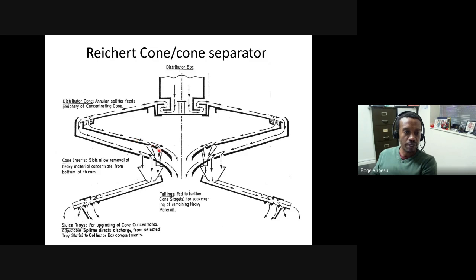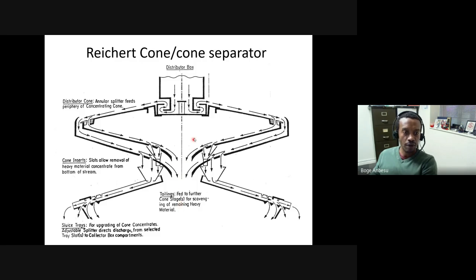So what should happen is, if I have a separating chamber here or a hole, you could actually allow dense particles to fall through that hole and be collected as a concentrate, falling somewhere here, while the light particles will simply proceed to the center of this cone separator and will be subjected to further separation as they fall into the next cone.